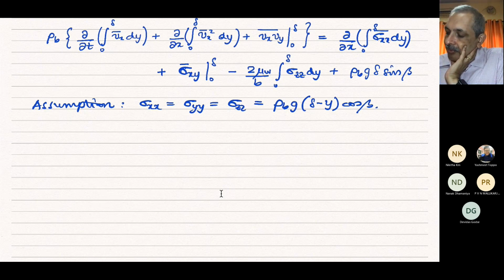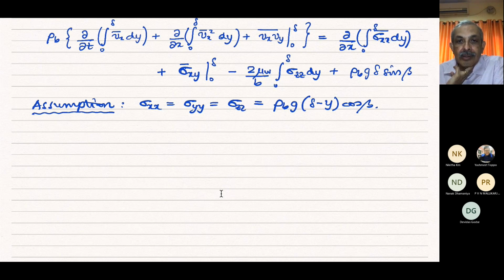We already found out that the pressure increases linearly from the free surface at y equal to delta, where it is 0, and then it increases linearly like this. So this is just like the pressure. Once we assume something like this, then we can easily substitute back in there, and we can get something for each of these terms.